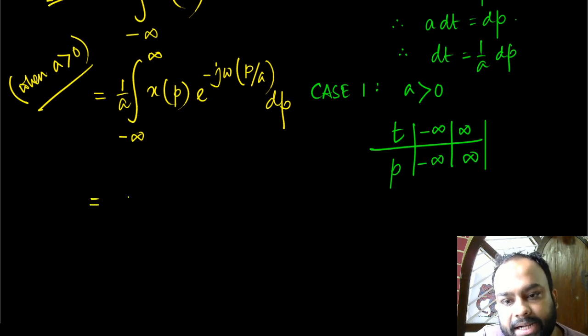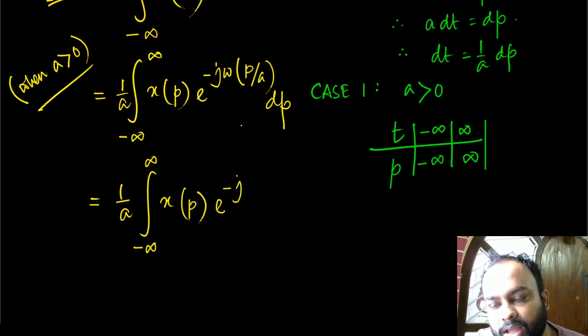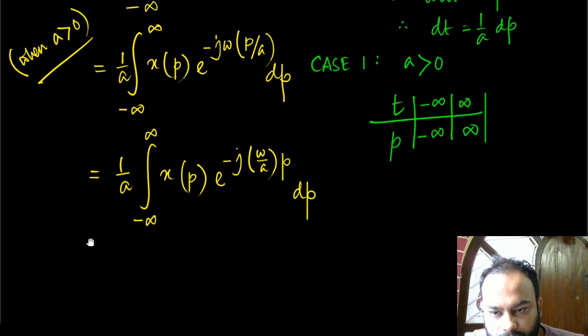So with that said, that's going to be 1 by a integration from minus infinity to infinity x of p e to the power minus j. Now try to understand what I'm doing here. Instead of writing j omega p by a, I'm writing j omega by a into p into dp, right?